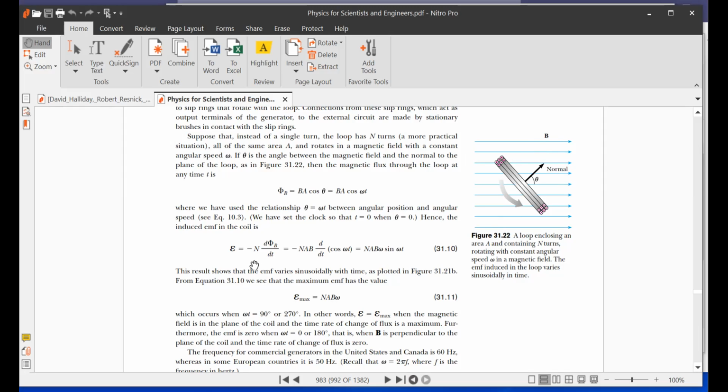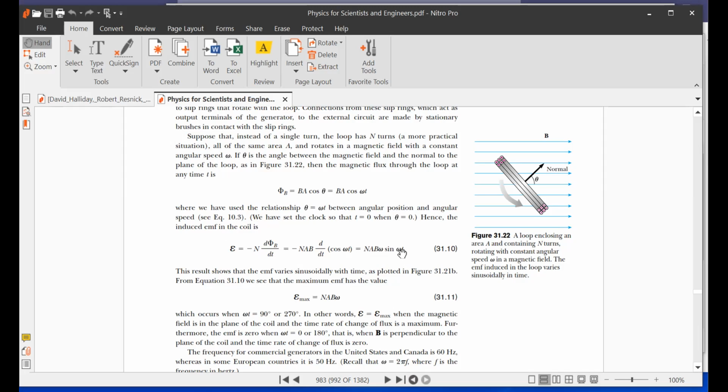Because we have an N-turn wire, from Faraday's law we get this. As you see, the EMF produced from the generator also depends on time.